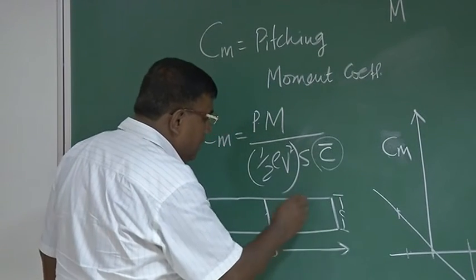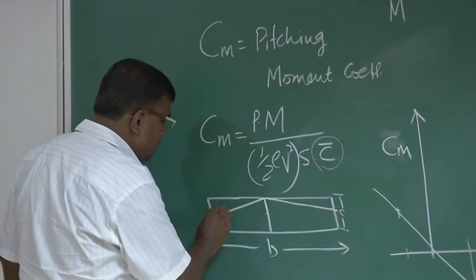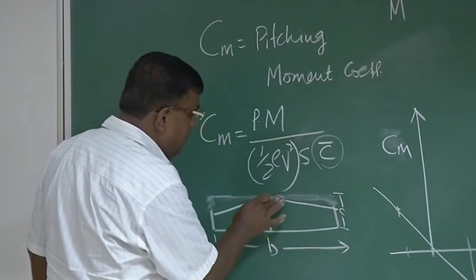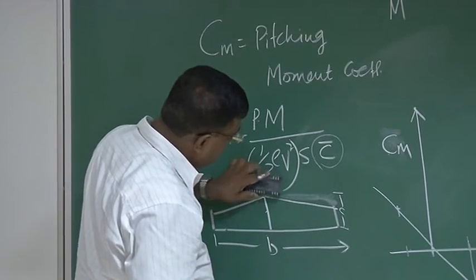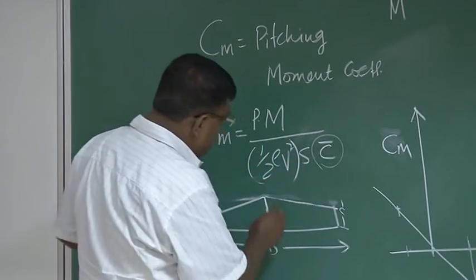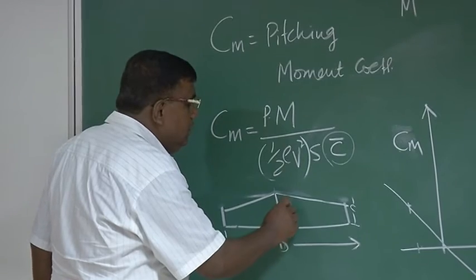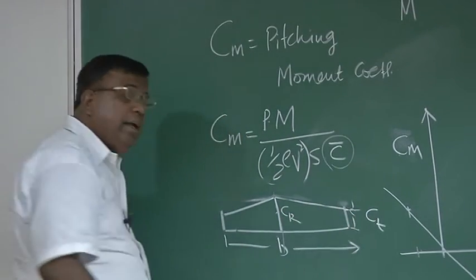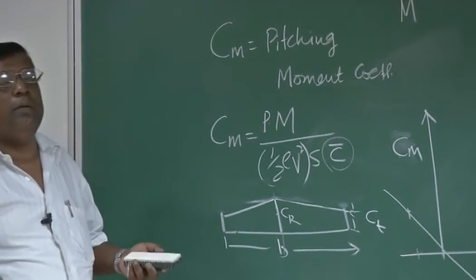Now you will find there are wings like this. Here, if I call this root chord CR and this tip chord CT, they are not the same. For a rectangular wing, they are the same, so it was very easy for me to talk about C.